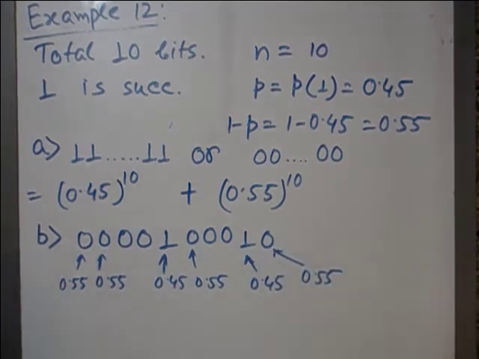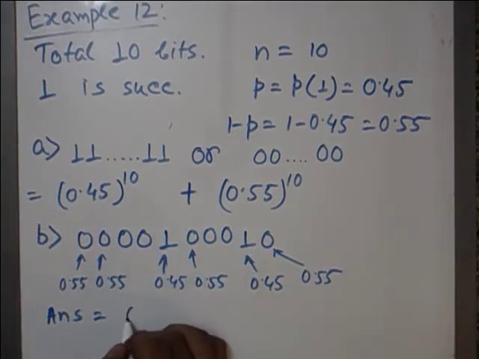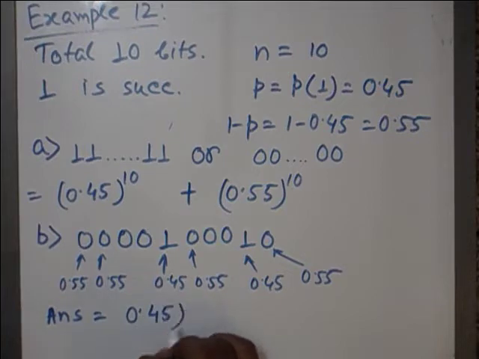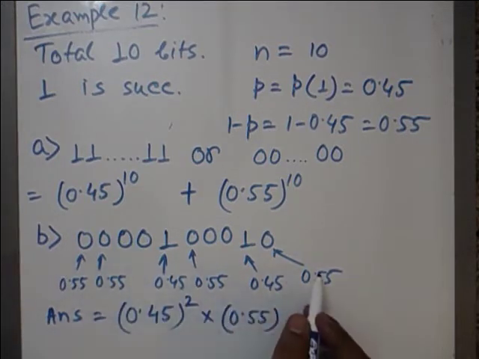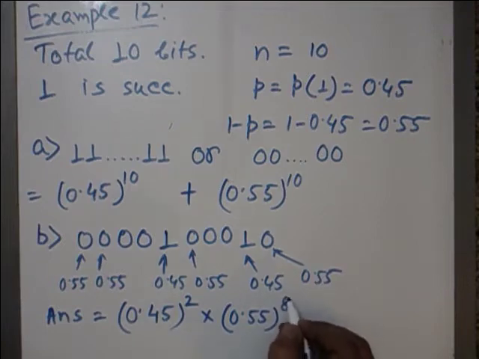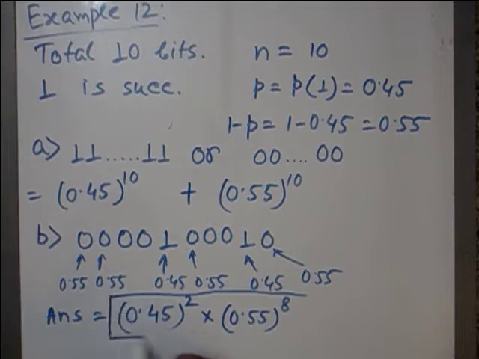So the answer is, how many ones are there? There are a total of 2 ones. So 0.45 to the power 2 times 0.55 to the power, how many zeros are there? Total 8. So this is the answer.